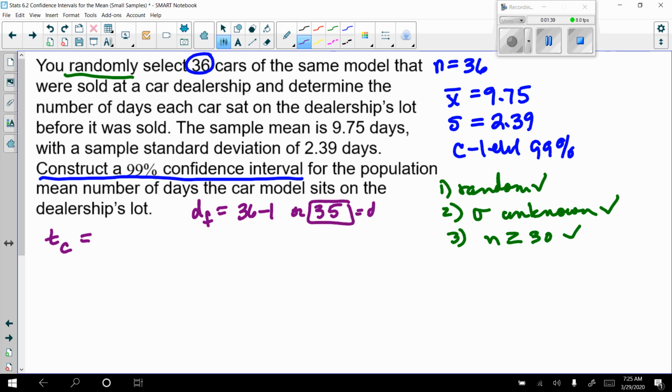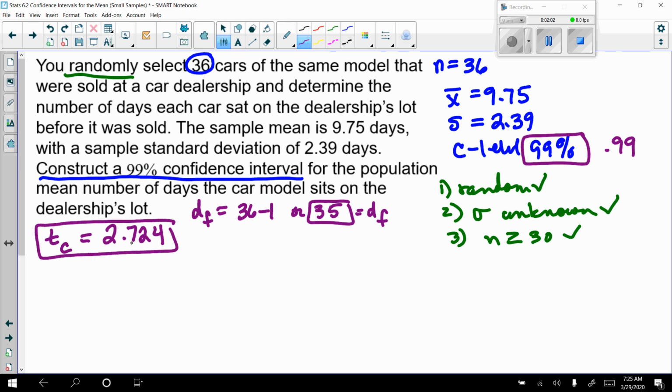Our confidence level is 0.99, so using our confidence level of 0.99 and our degrees of freedom of 35, using the table in the back of the book, we get 2.724 is our critical value.